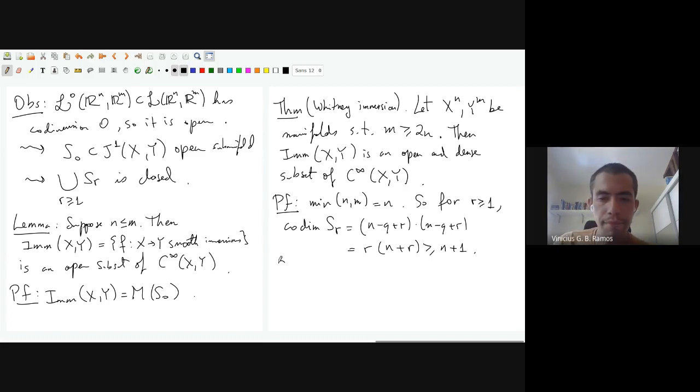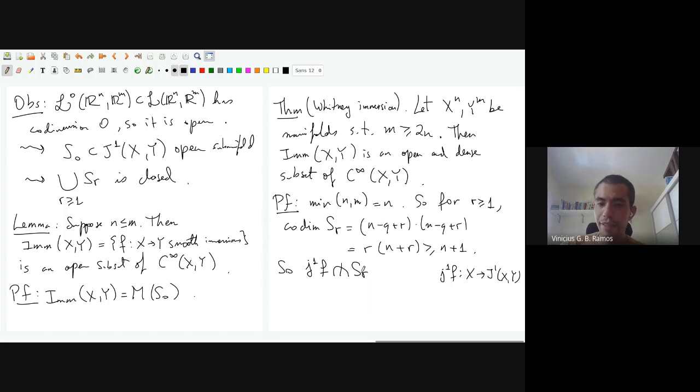So, J1 of f, what does it mean to be transverse to S_r? Now we have to look at the dimensions. The codimension of this guy, m − n + 1, is bigger than the dimension of the domain. J1 of f, remember, is a map from X into the jet space of X, Y, and the dimension of X is n.